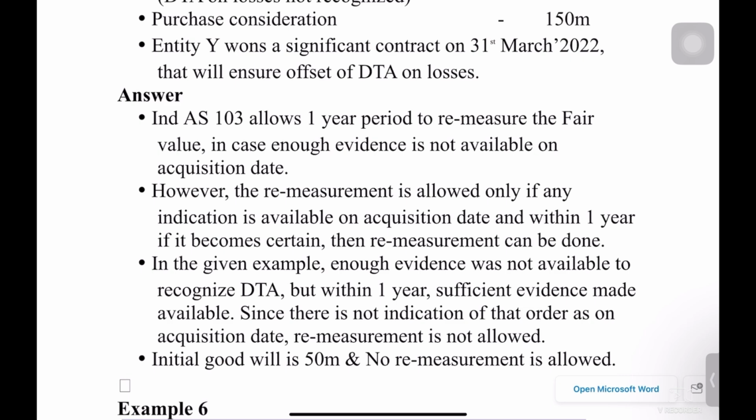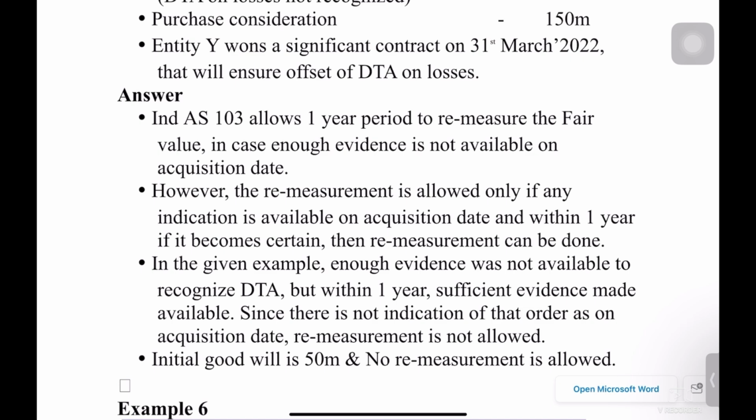So in the given example, enough evidence was not available to recognize DTA. Whether that significant order will be booked or not, there was no such indication at the time of acquisition date. However, within 1 year, sufficient evidence is made available. So since there is no indication as on the date of acquisition, the remeasurement is not allowed in this case.